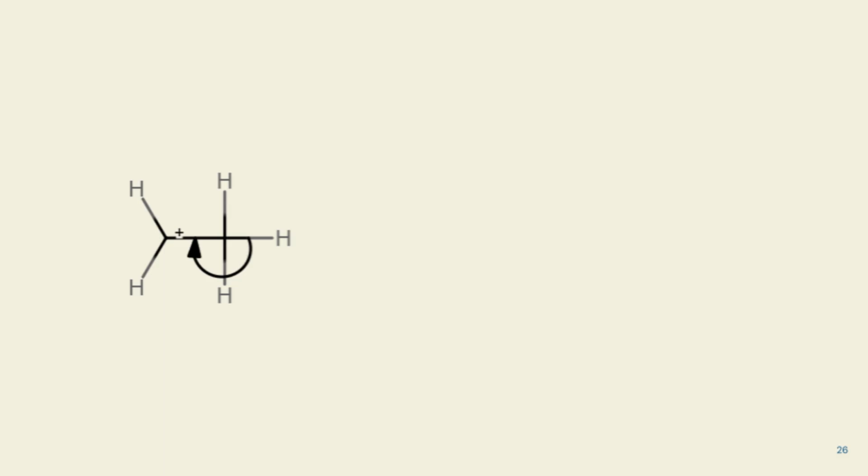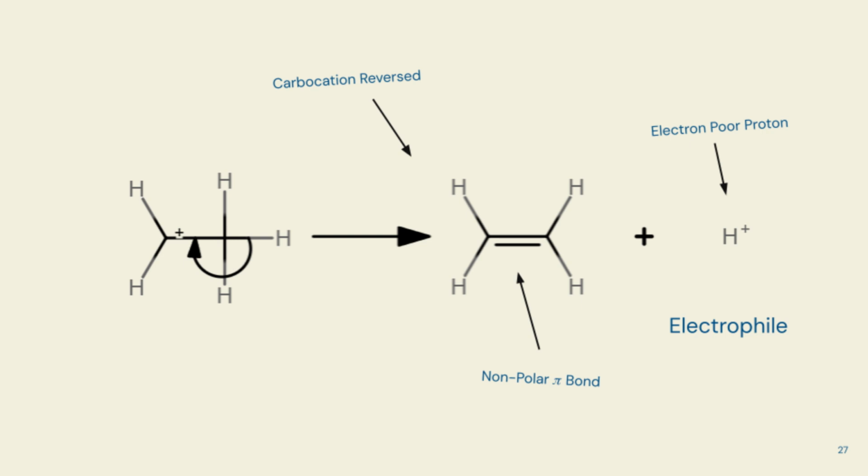Here we see the carbocation as our reactant, which eventually is going to have a proton taken away from it. The proton represents our electrophile that is being eliminated, right? When you have that removal of the proton, the bond that it had to the carbon is instead going to be switched to a nonpolar pi bond between the two carbons in the molecule.